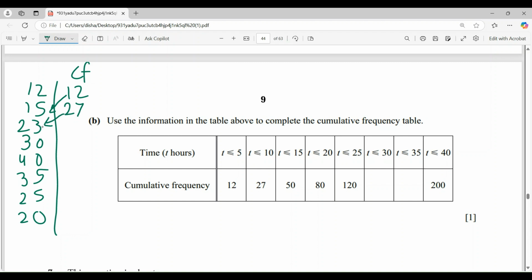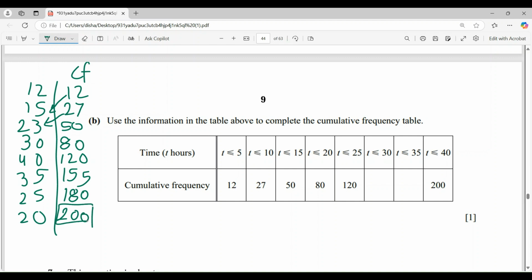So 27 plus 23, it is 50. 50 plus 30, 80. 80 plus 40, 120. 120 plus 35, 155. 155 plus 25, 180. 180 plus 20, 200.